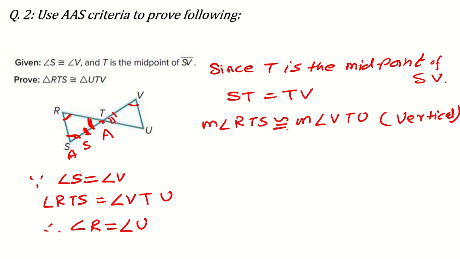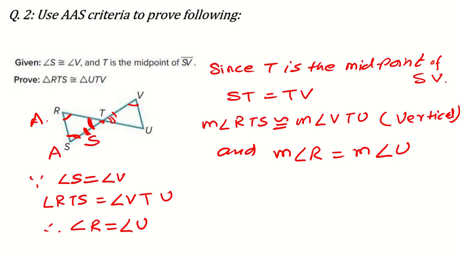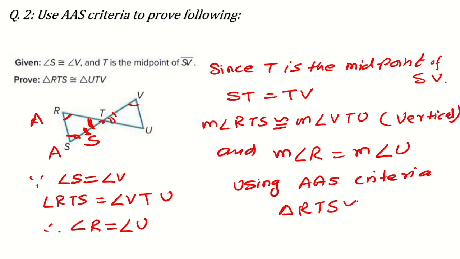So in place of using this, we will use measure of angle R is equal to measure of angle U. So now you can see here, this is A, and then this is S. So that is called AAS criteria. So at last you can write, if it is an open response question, using AAS criteria, we can say that triangle RTS is congruent to triangle UTV.